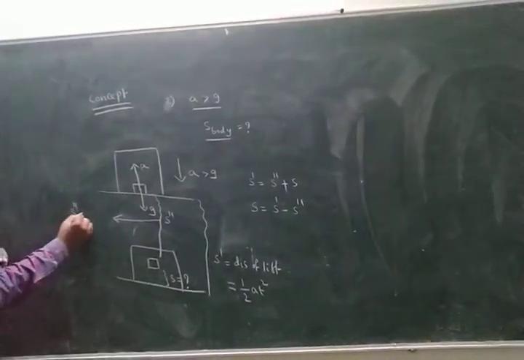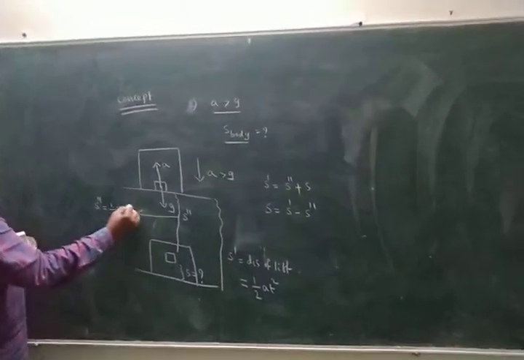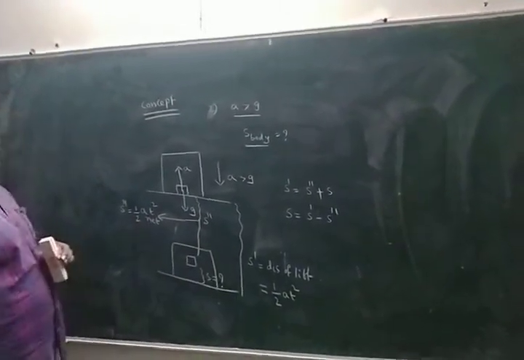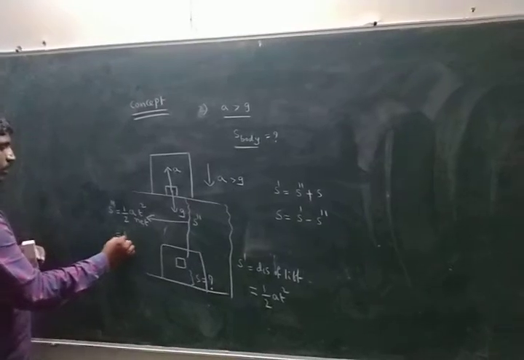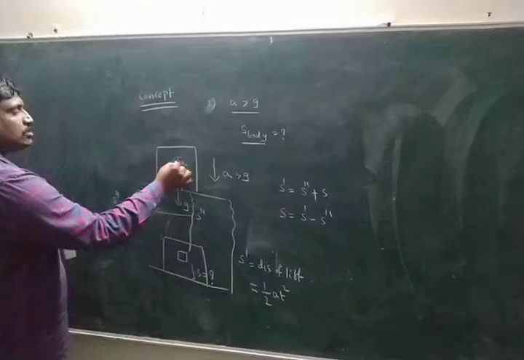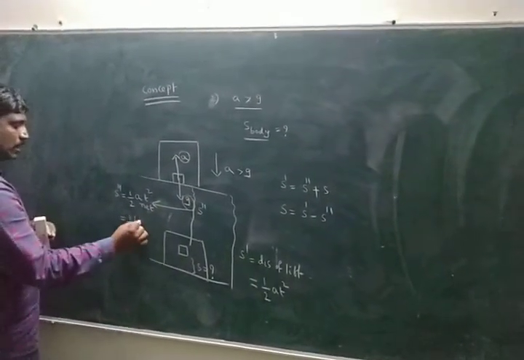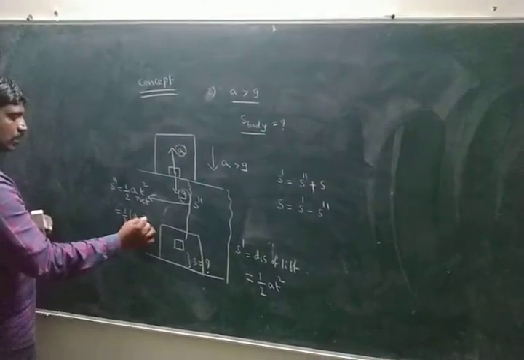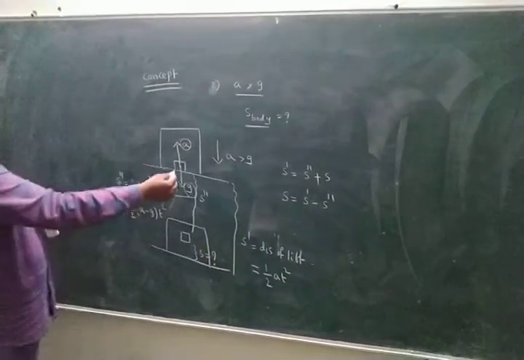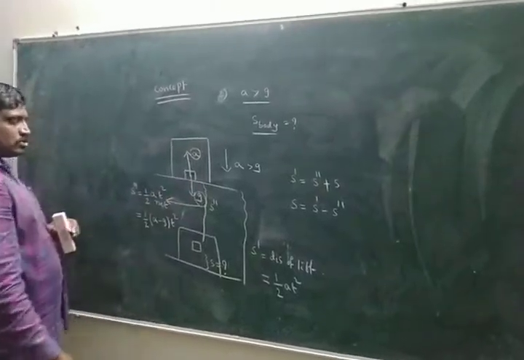The body is also initially at rest, so the formula is again half a t square, but here a is the a net. What is the a net? The body moves upward because a is more and g is less, so a net is a minus g, because two forces act on the body, one is a and the other is g.